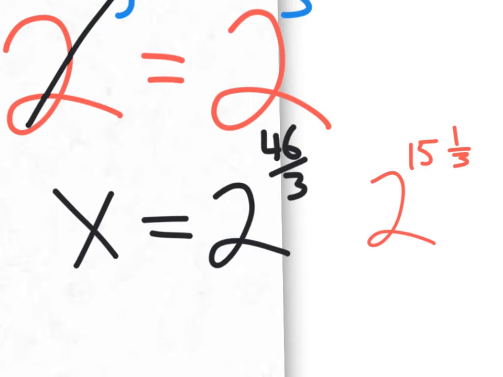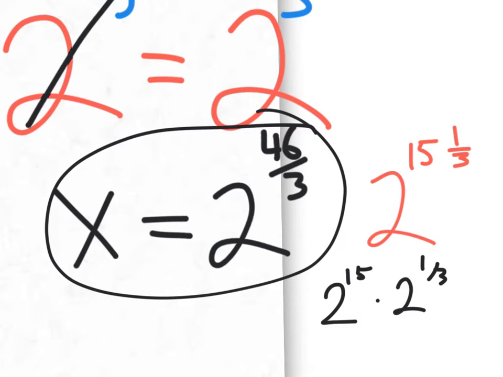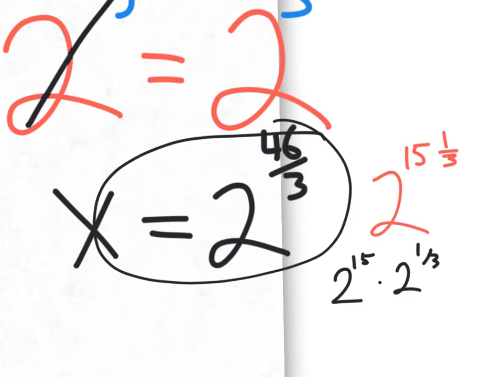That's where I got the 15 and 1/3. And then technically you could split that into 2 to the 15th, which is a huge number, times 2 to the 1/3, which is actually the third root of 2. So you could express this as a radical expression also. But of course, for the final, they leave it like this. X is equal to 2 to the 46 over 3 power.